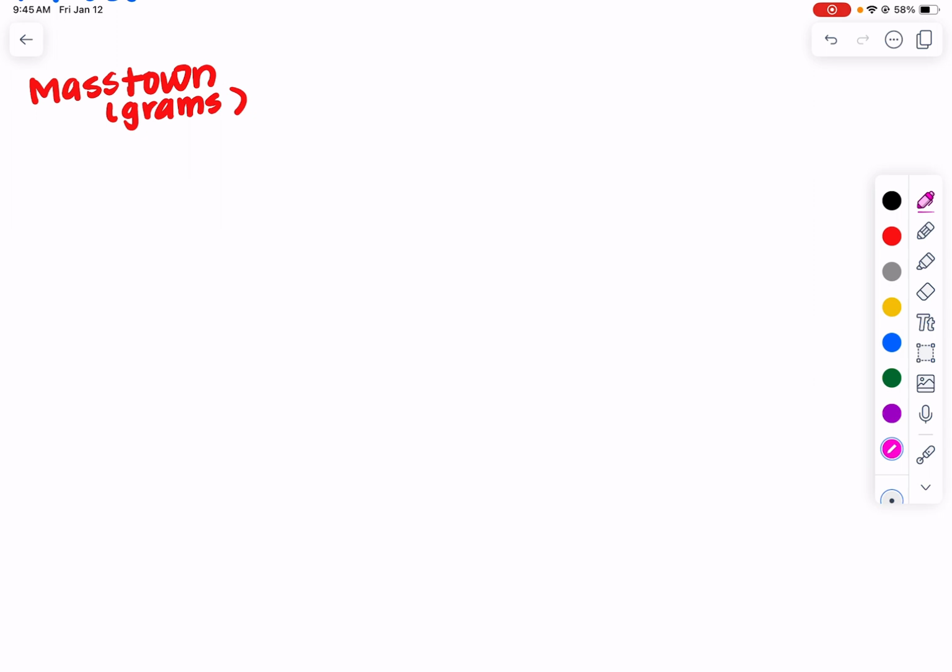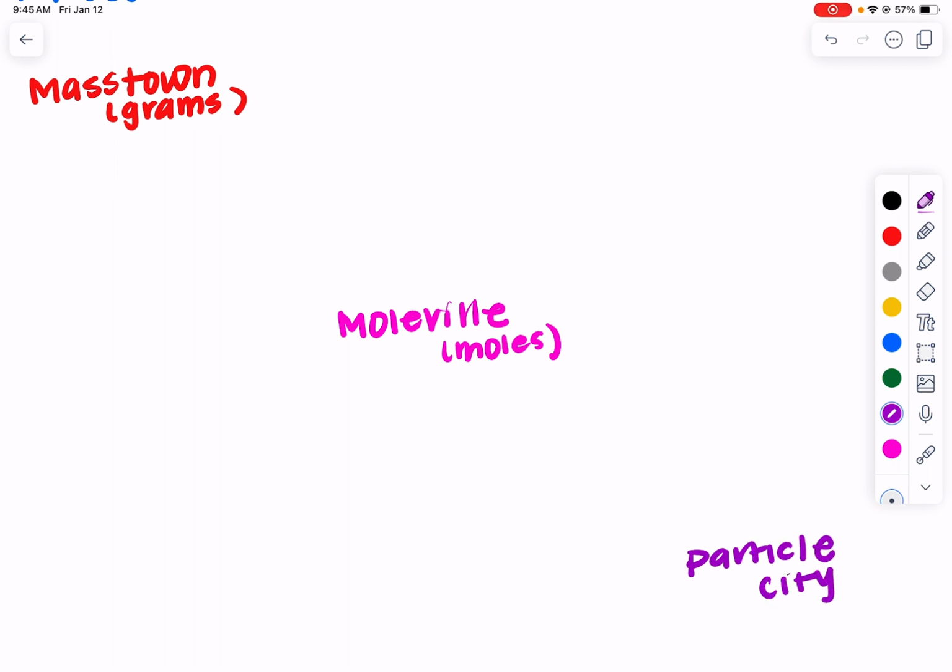The first one's Masstown, the second one's Moleville, and the last one I'm gonna call Particle City. Not Party City, Particle City, which is in fact atoms.